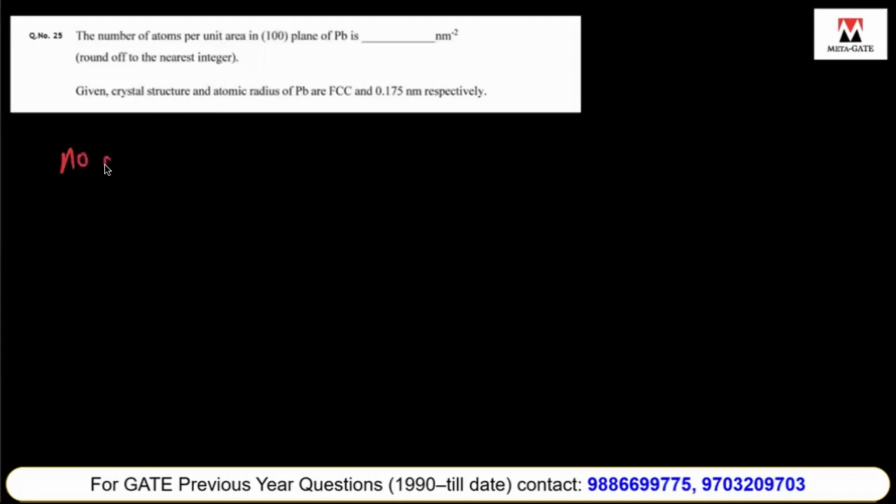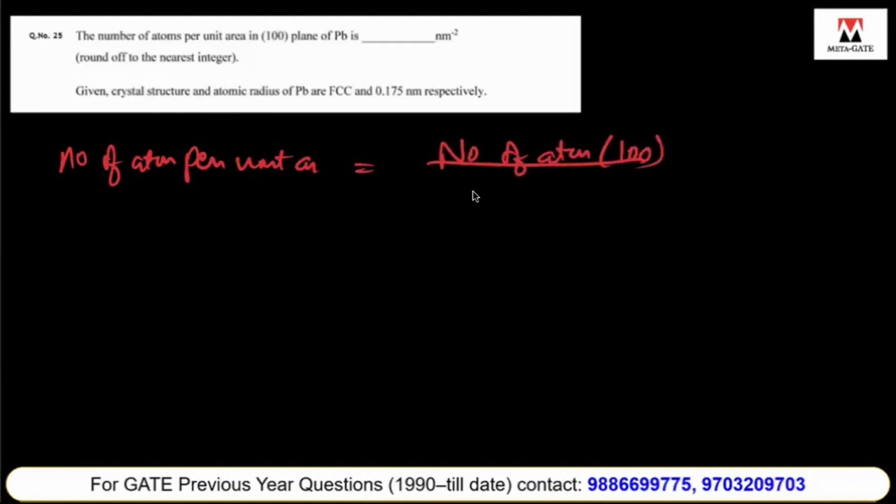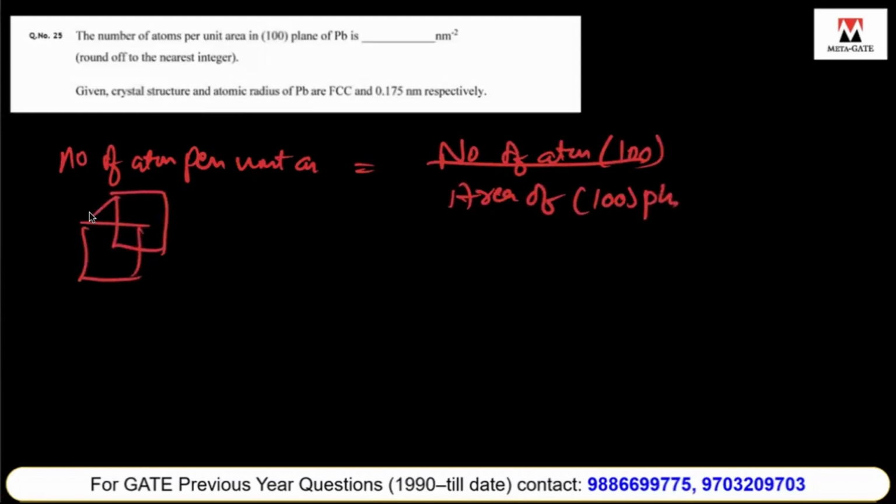So the number of atoms per unit area is given by the number of atoms in the 100 plane divided by the area of the 100 plane. If you consider the FCC crystal structure, let's take this as the 100 plane.